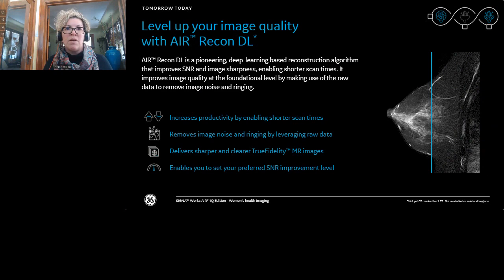With AirRecon DL, we use deep learning algorithms and neural networks to train the system to learn what's good signal and what's noise, and then only reconstruct the good signal. The benefits? Pushing the scanner for thinner slices, higher spatial and temporal resolution, all while decreasing the patient's time on the table and without impacting image quality for all your critical breast MR scans.